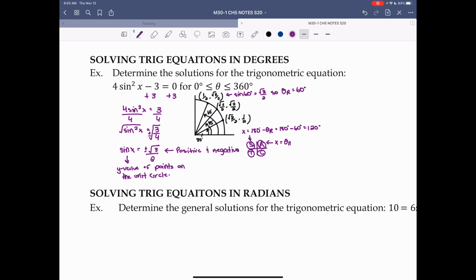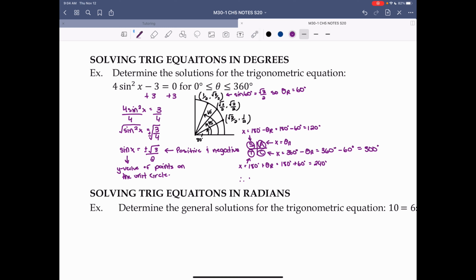In the third quadrant, x equals 180 degrees plus theta r, which is 180 degrees plus 60 degrees, which is 240 degrees. And in the fourth quadrant, x equals 360 degrees minus theta r, which is 360 degrees minus 60 degrees, which gives us 300 degrees.